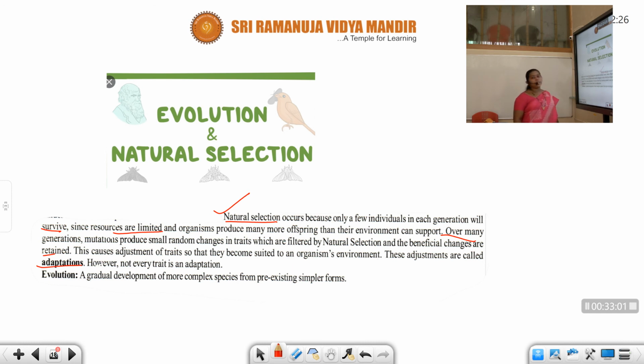However, not every trait is an adaptation. As days and years go on, there are new climatic conditions and adverse conditions we need to face. The individual or organism which has the efficiency to adapt to those adverse conditions can survive, whereas those which cannot adapt simply die. This is nothing but the process of natural selection.